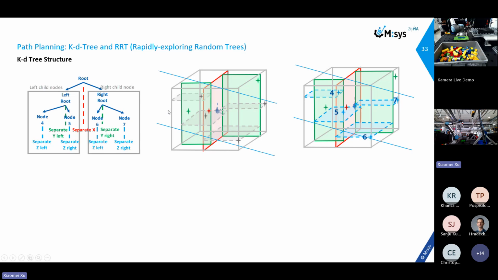The points below the median go to the left child group. Those above go to the right. The y-axis medians in the left group create the left y split plane, and the z axis forms the z split plane. The same process is applied to the right group. The k-dimensional tree divides the space into 8 sections. Identify the nearest neighbor as a temporary valid waypoint.